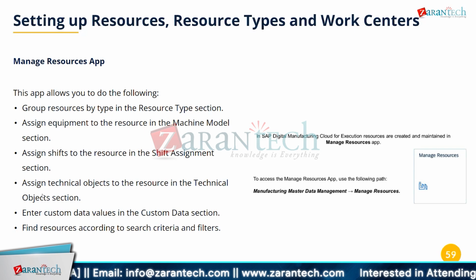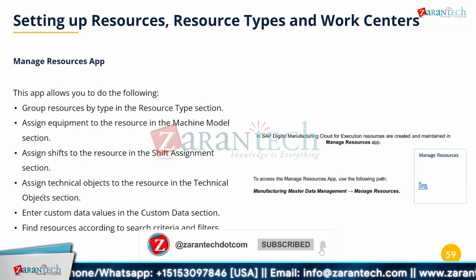So we can tell the system this particular resource will be available from, say, a shift you create and assign. So basically, the capacity which we have in the ERP system. You can also assign technical objects to the resource, and also custom data, like any custom fields you want to associate with this particular resource.